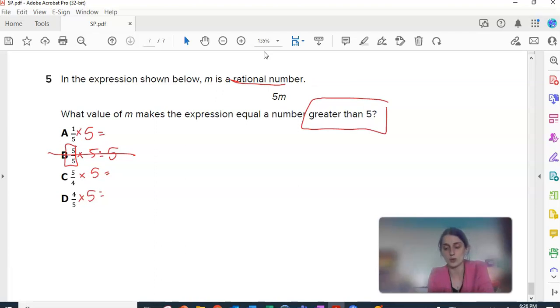Something greater than 1 is going to give you an answer that's greater than 5. So you're looking for the fraction that is bigger than 1 whole. And that's all you need to know in order to find your fraction. You don't need to prove it to me. You don't need to do any math. You just need to recognize a fraction that's bigger than 1 will give me a product that's bigger than 5. Remember that product means times. So pick that fraction and then you're done.